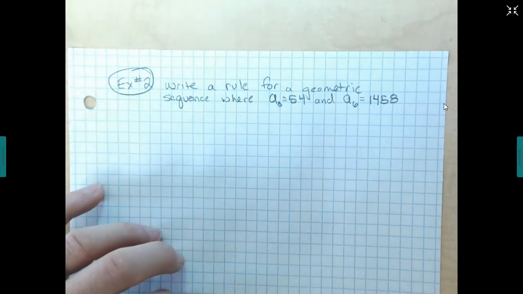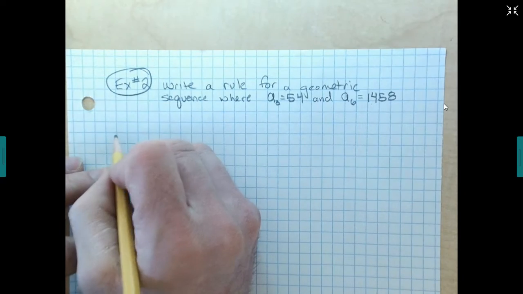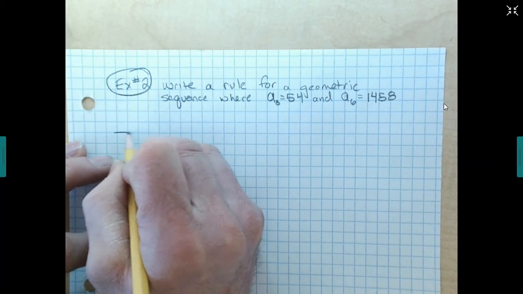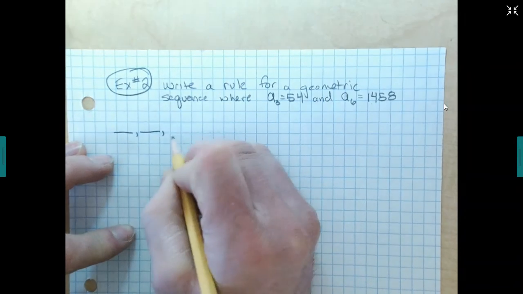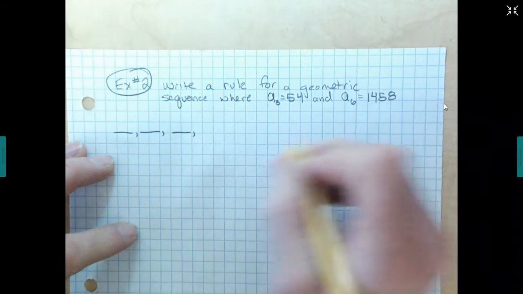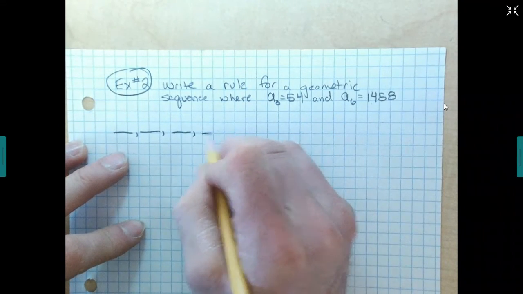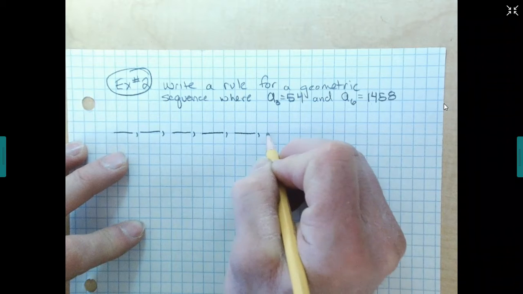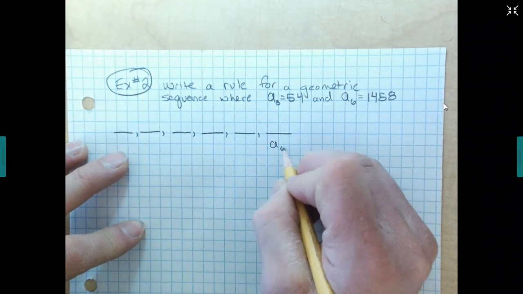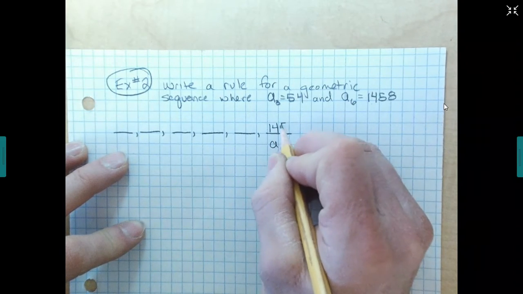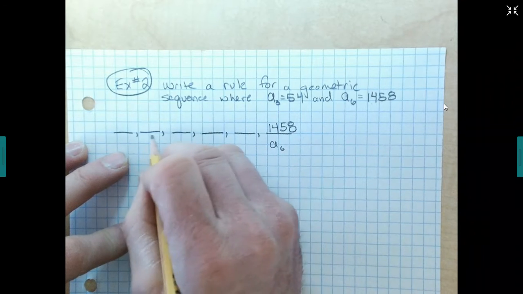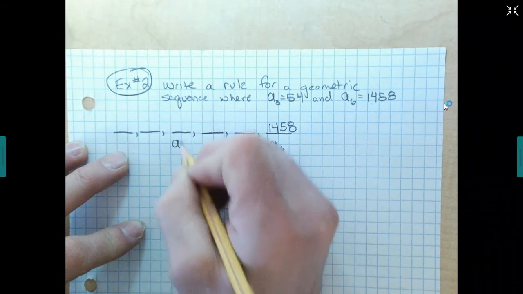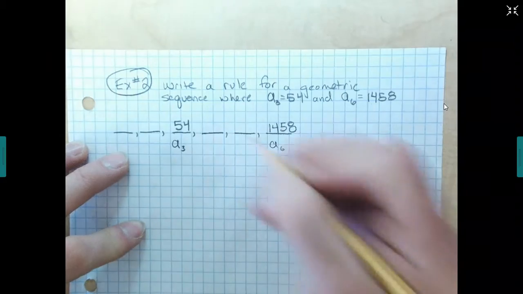Like yesterday, I'm just going to write them all out: 1, 2, 3, 4, 5, 6. So a_6 is 1458, and a_3 is 54.